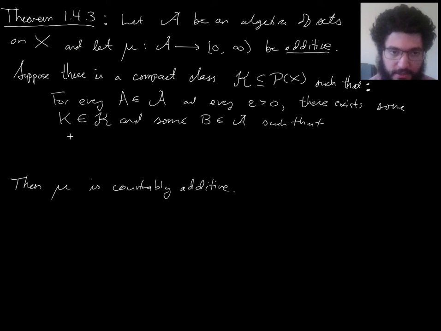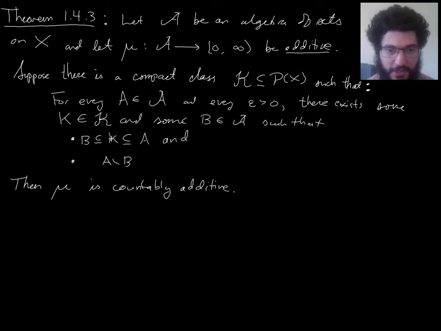such that two things happen. One is that K is contained in our original thing from our algebra of sets, and our new thing from our algebra of sets is contained in K. So K is like sandwiched between them. And if I take this complement, A, delete the inside, which is the region in which K is constrained, then I can apply mu to this, right?